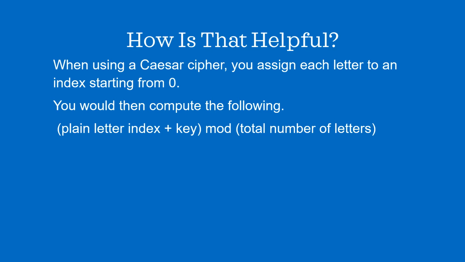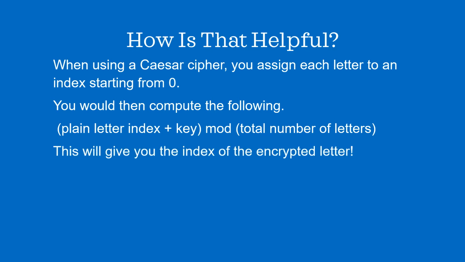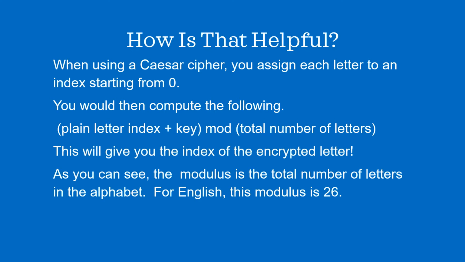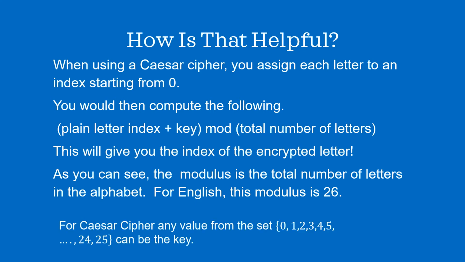Here in the English language, we have 26 letters, so it is mod 26. It all depends on the number of letters in that language. This will give you the index of the encrypted letter. Now for English, since we have 26, your plain text plus the key, if you are shifting by 3, plus 3, will be mod 26.